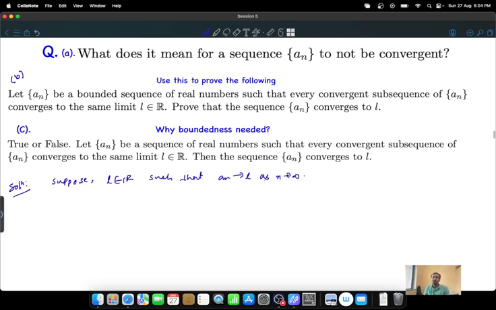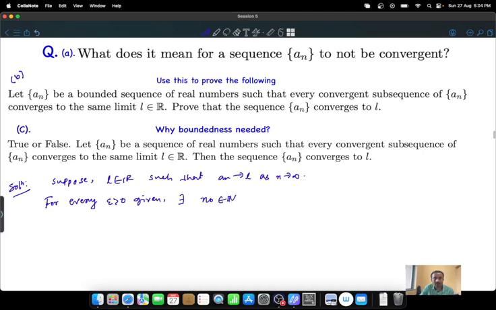Now what do you mean by this? You mean that for every epsilon positive number given to you, there exists at least one natural number n naught.